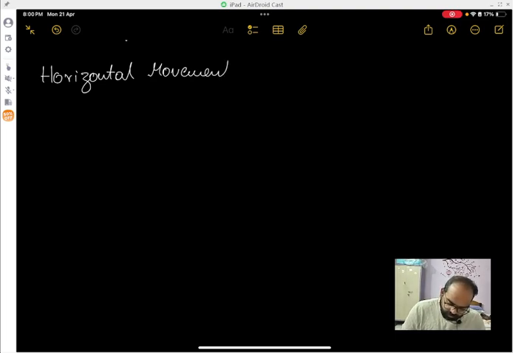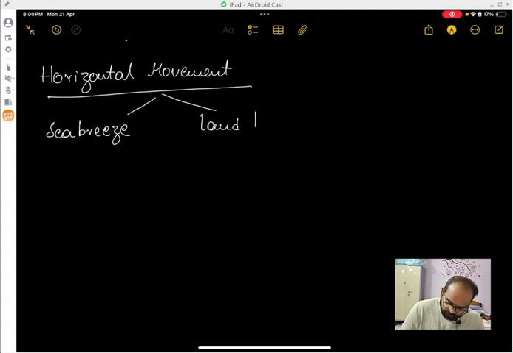Next, horizontal movement. In horizontal movement, there are two aspects: sea breeze and land breeze.